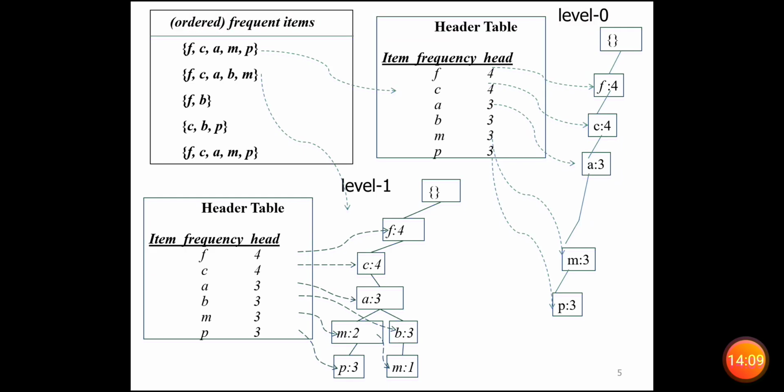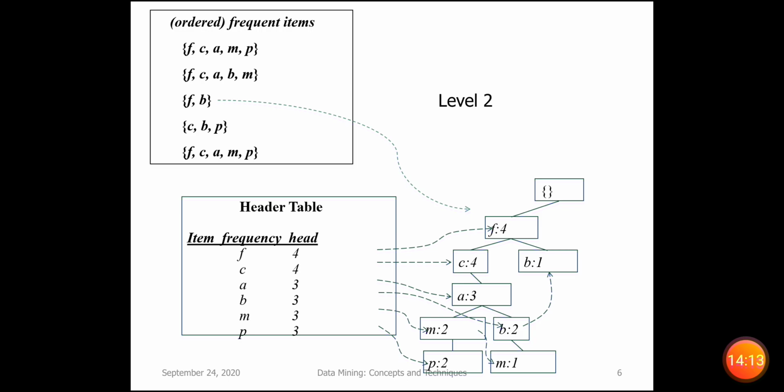Now we will go to level 3. Here we have taken the same ordered frequent items. Next we go for the third transaction in the ordered frequent item set. For this we are again going to create the tree. In the third frequent item set we have F and B, so we have to create a tree structure.